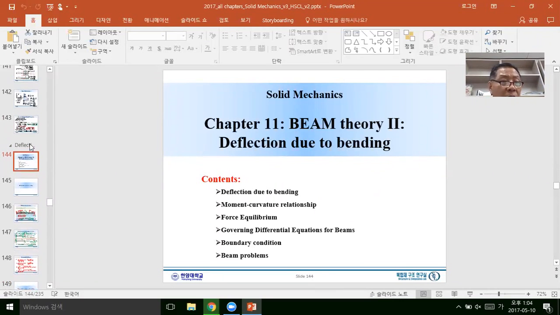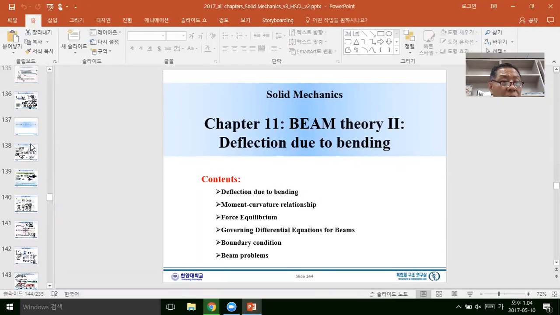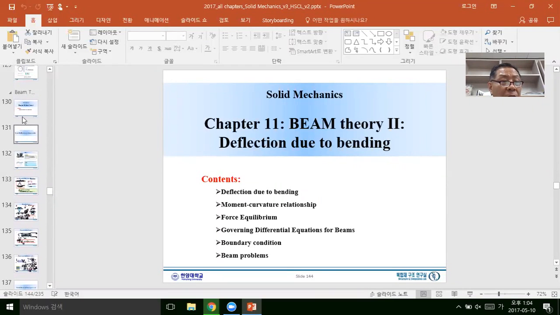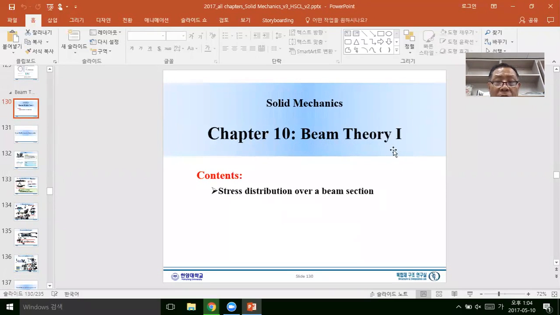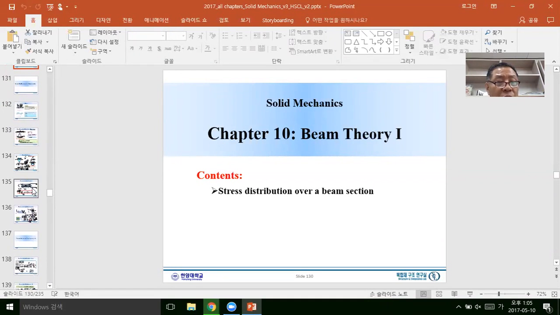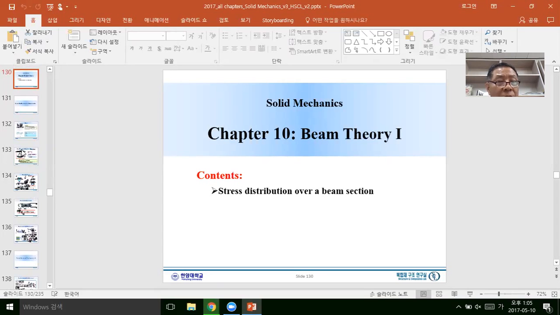That is the second part. And the first part is the purely bending beam theory, where we start with the deflections and stress-strain relations and equilibrium. So which is very similar to a torsion theory.